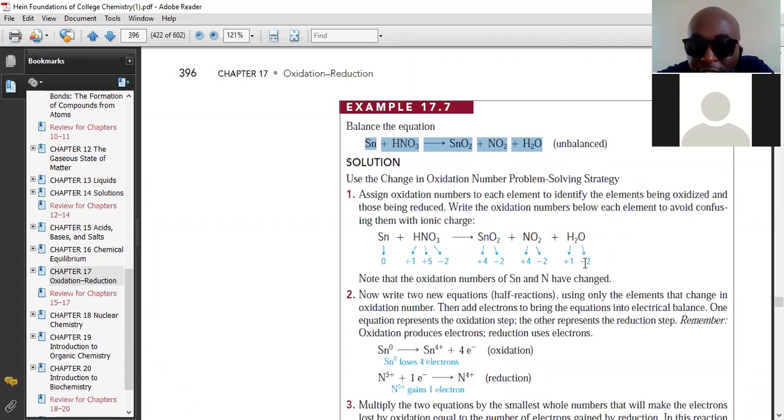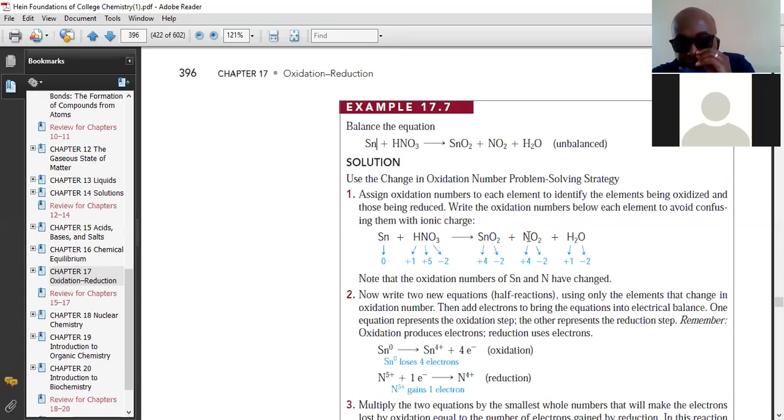Then you only isolate those atoms whose oxidation numbers have changed. E.g., tin is moving from 0 to plus 4. Then nitrogen is moving from plus 5 to plus 4.